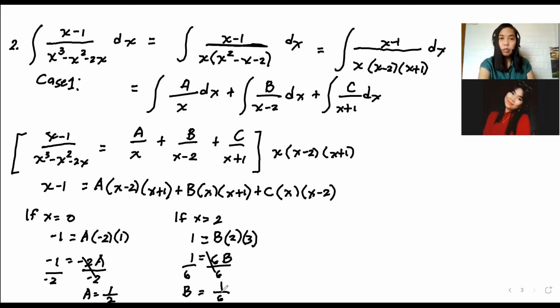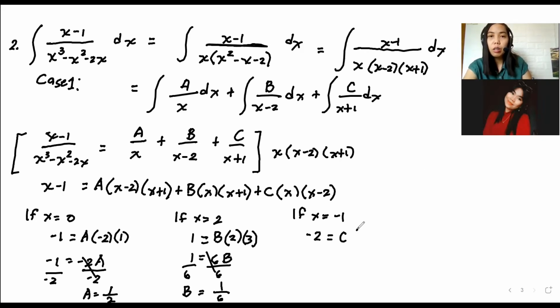Okay, and then if x equals negative 1, you will have negative 1 minus 1, it's negative 2, equals. This will become 0 because negative 1 plus 1 is 0, and this will also become 0.